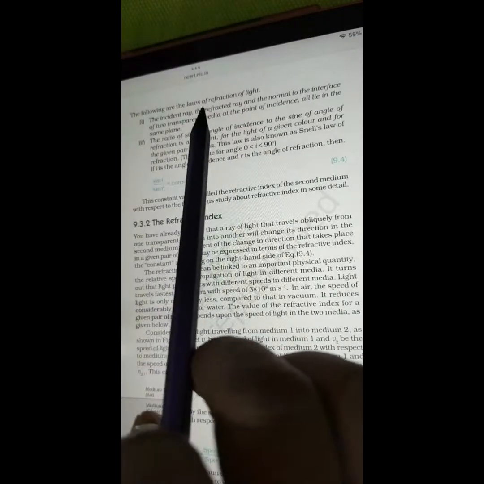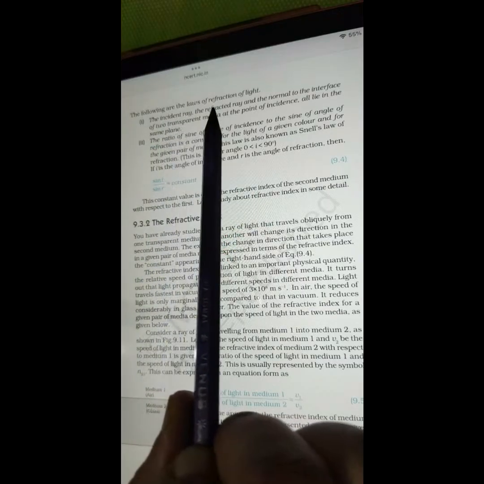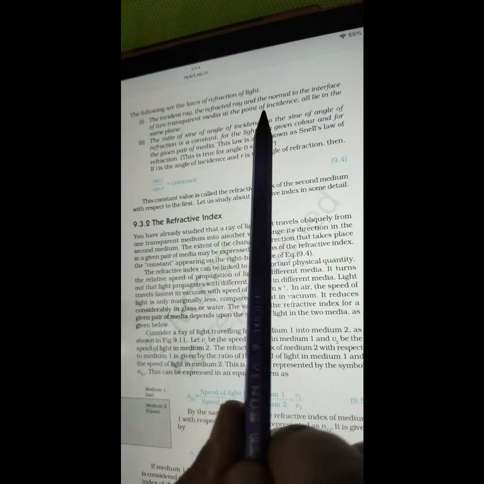The following are the laws of refraction of light. 1. The incident ray, the refracted ray, and the normal to the interface of two transparent media at the point of incidence all lie in the same plane. 2. The ratio of the sine of the angle of incidence to the sine of the angle of refraction is a constant for light of a given color and for the given pair of media.